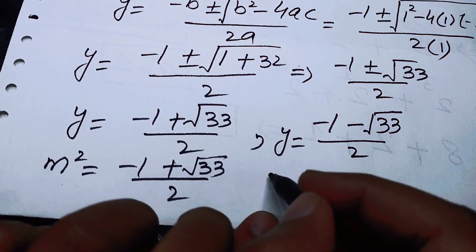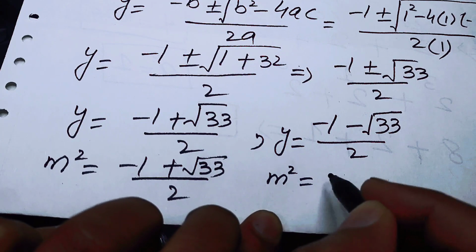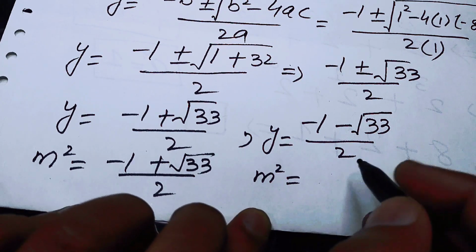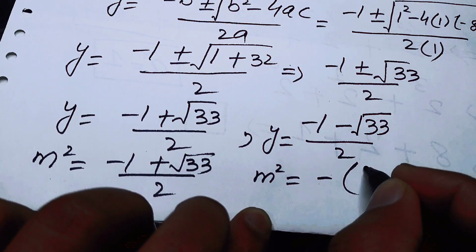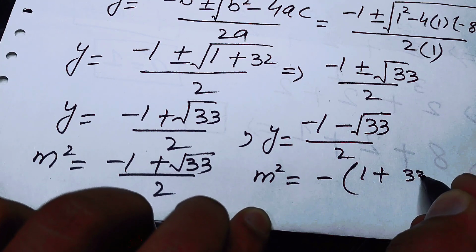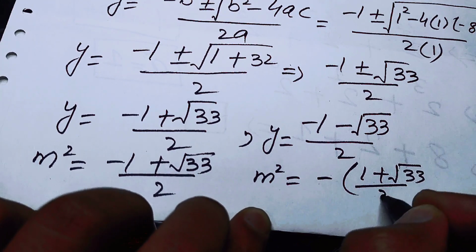Similarly, for the other root, m square is equal to (minus 1 minus square root of 33) over 2.